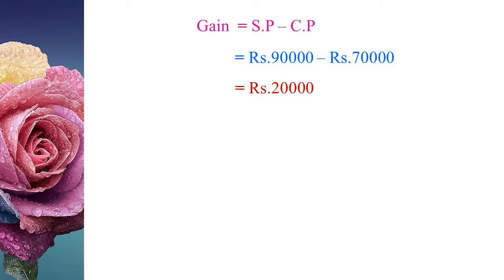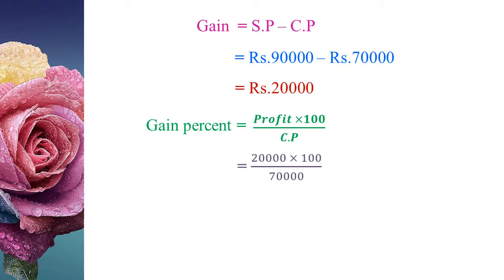Now we are going to see how to find gain percent. Already we know the formula. Gain percent equals profit into 100 by cost price. Here the profit amount is rupees 20,000 into 100 by cost price, rupees 70,000.